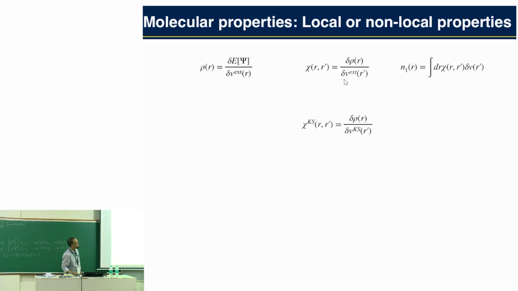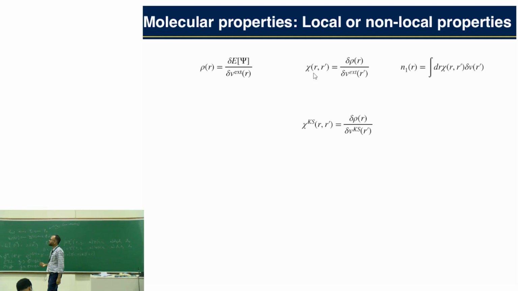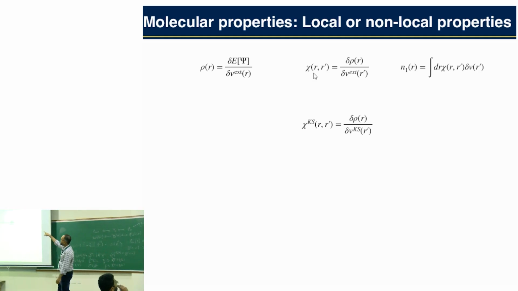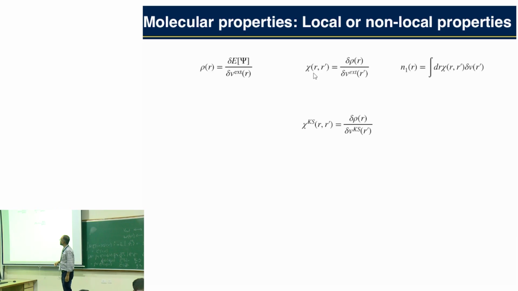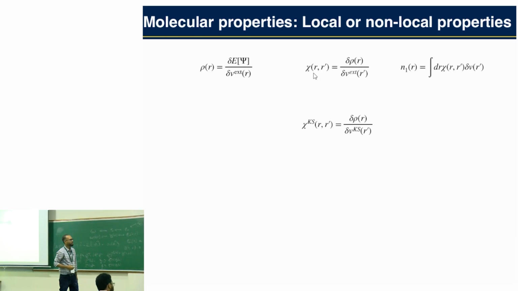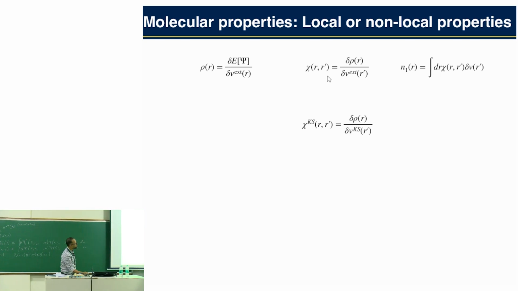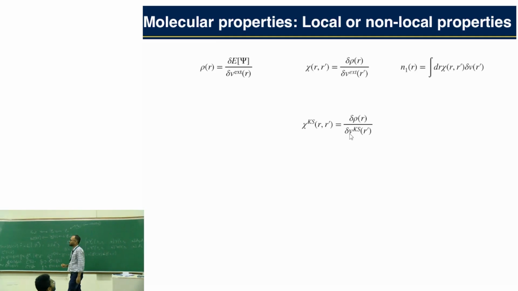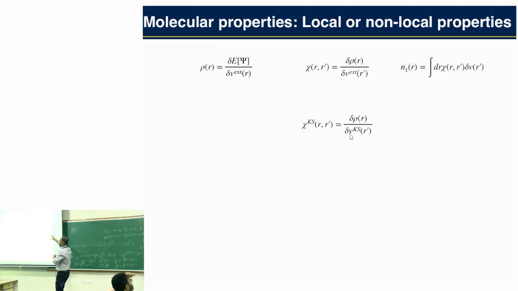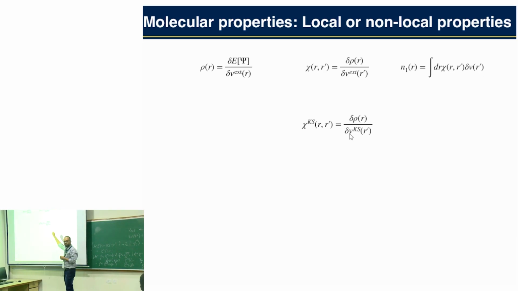And this is called the interacting response function, chi(r, r'), where you are taking the derivative of the exact energy functional, dE/dV external. Similarly, you also have a Kohn-Sham response function. The Kohn-Sham response function is a derivative of the density with respect to the Kohn-Sham potential. So you would start from the Kohn-Sham equation, take the density, perturb the Kohn-Sham potential a little bit, and figure out the corresponding Kohn-Sham state.